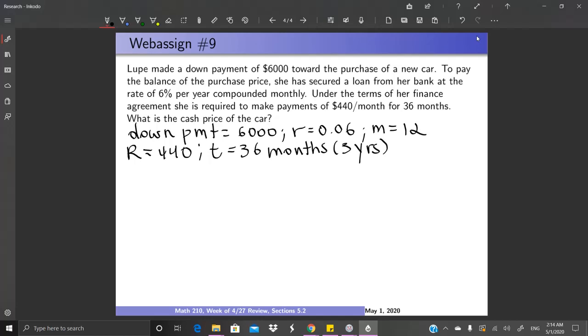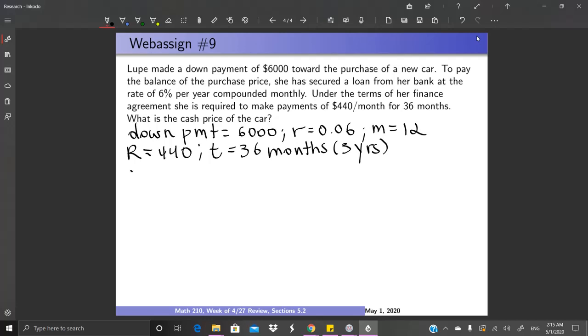So the value of t is equal to 3 in this problem. 36 months, 3 years, t equals 3. Let's figure out what we need to find here. We're trying to figure out the cash price of the car. This is our hint that we're finding the present value of the annuity. We're finding the present value of the car price right now.